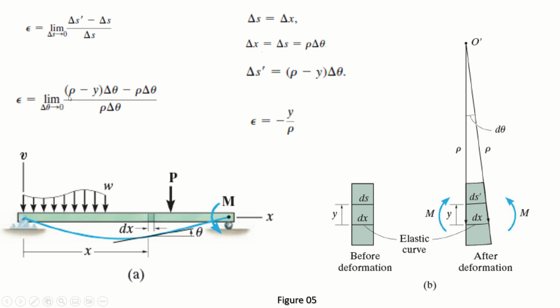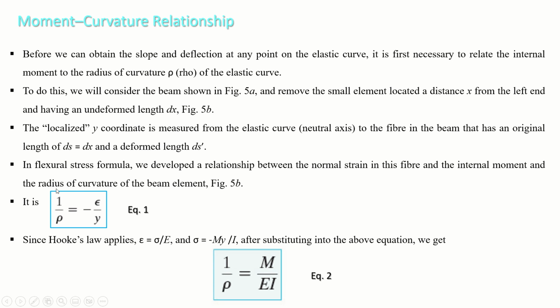So rho will get cancelled with this rho, and we will only be left with minus y by rho. So epsilon is equal to minus y by rho, and if you take y to the other side of the equation, it will be this equation, 1 by rho is equal to minus epsilon by y. I hope you understood the thing which I wanted to make you understand.